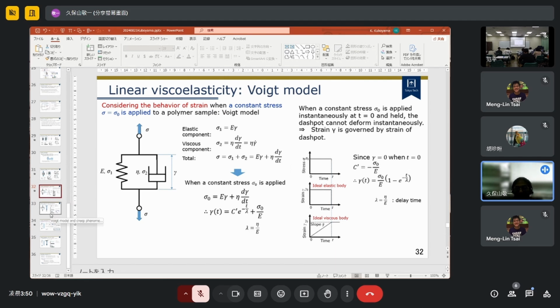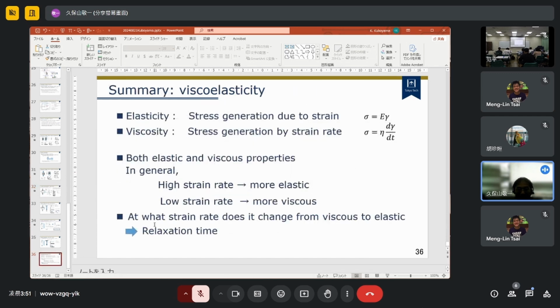But after a longer time, the dashpot behavior plays a very important role for the polymer. So the speed is very important for the behavior of the polymer.